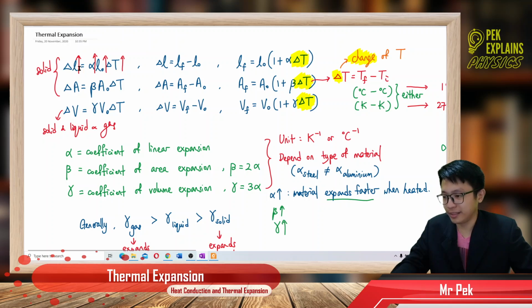Now, this change in length is alpha L naught delta T. Delta L is also equal to final length minus initial length.